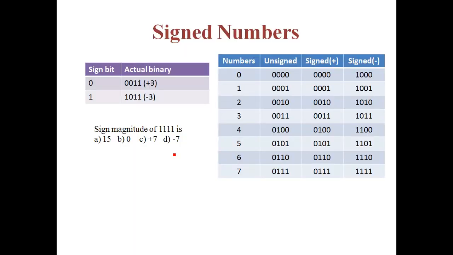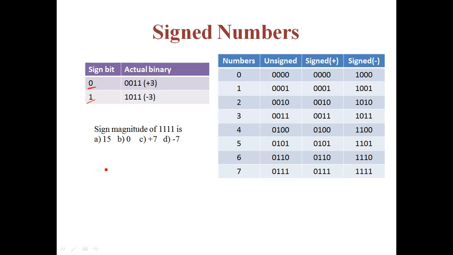For example, if we are writing +3, when we are talking about a positive number, then the sign bit will be 0. And if we are talking about a negative number, then the sign bit will be 1. When we are representing a signed number, the first bit is the sign bit.